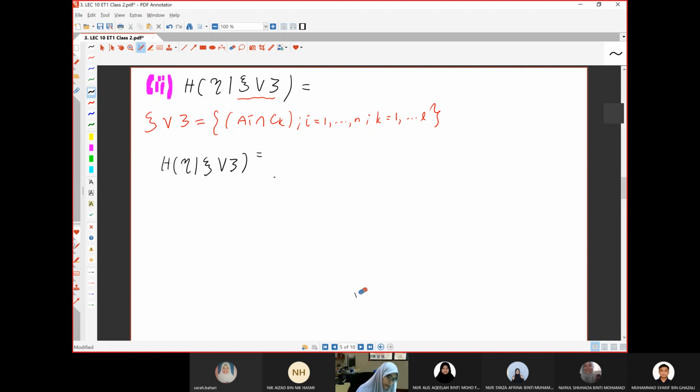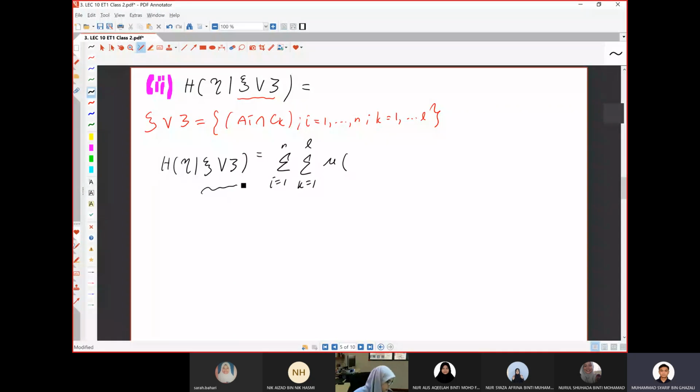Now what form is this entropy in? Partition given partition, right? So for partition given partition, we have to find the third formula, which means we have to find the average. So you can write here the sum over i from 1 until N, the same. So mu of Bj.